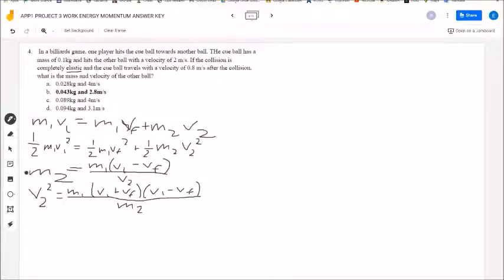Now we substitute our equation for m2 into the denominator since we don't have the actual value for m2 yet. So we can just erase m2 and plug in the expression, which is m1 times vi minus vf over v2.